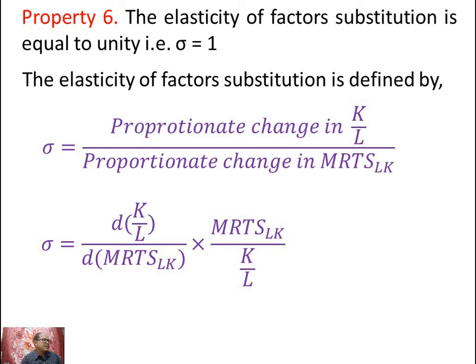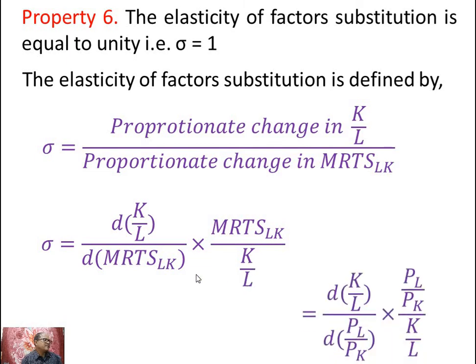So that is nothing but the derivative of the factor ratio, that is K/L, with respect to the marginal rate of technical substitution between labor and capital, multiplied by the marginal rate of technical substitution divided by the factor ratio K/L.